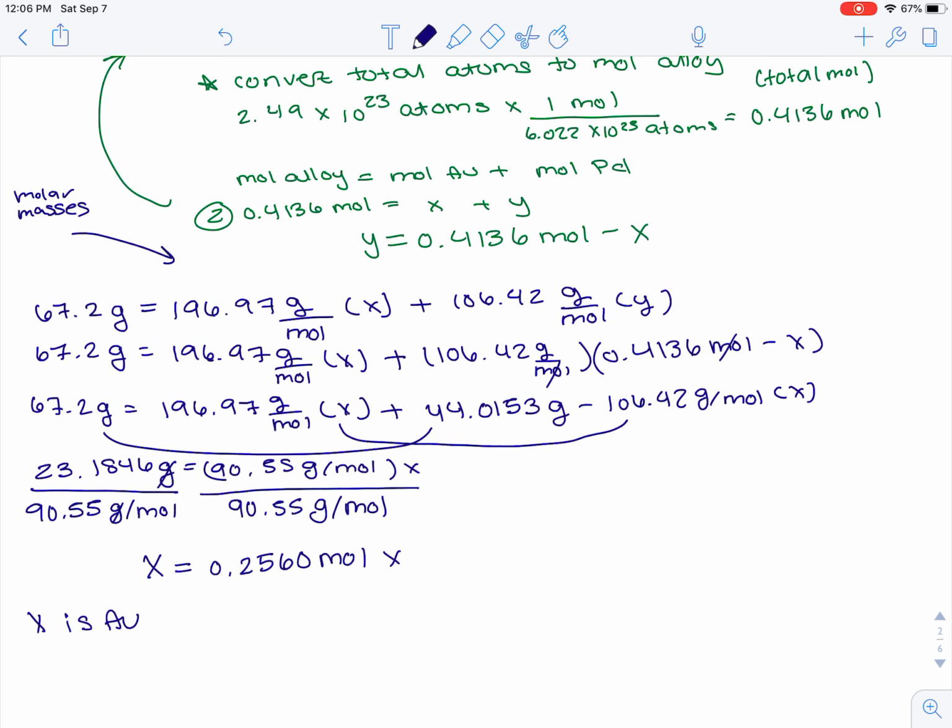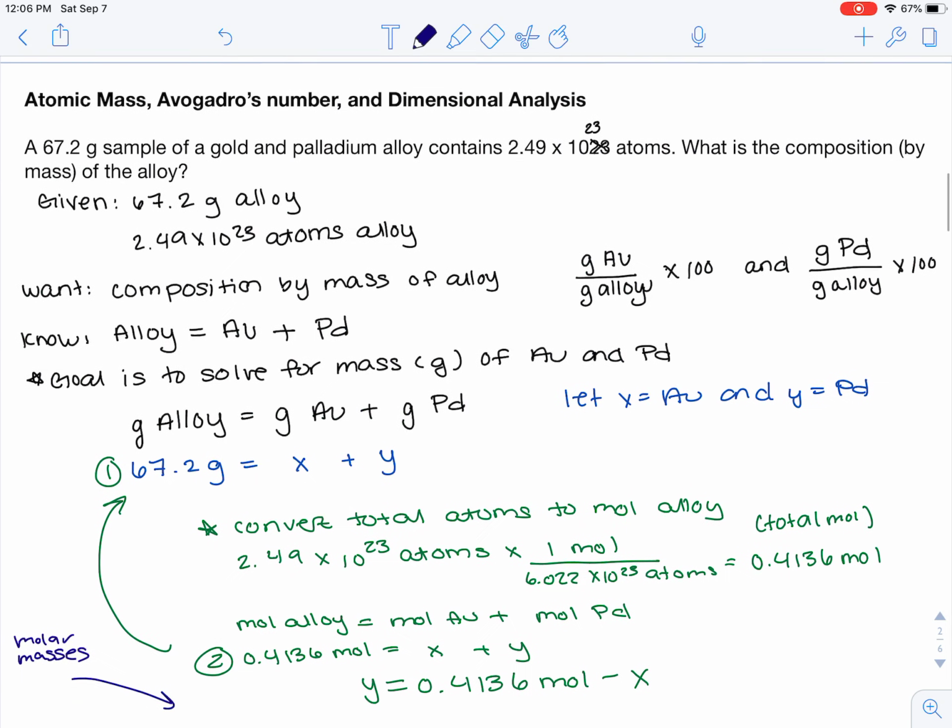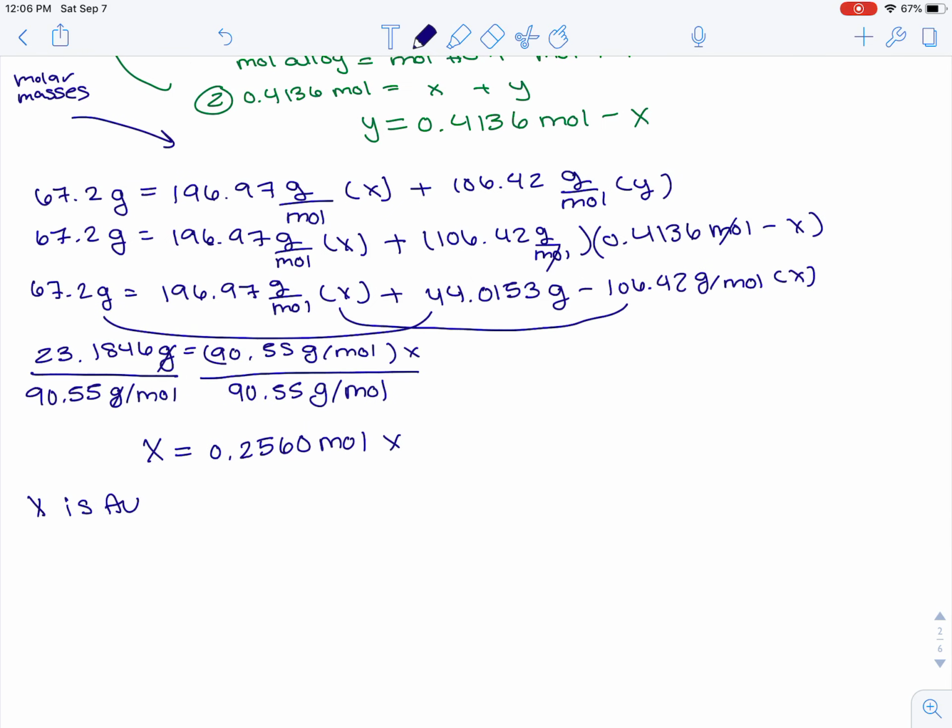So then, since you want percent composition, if you go back up here and you realize that you need grams of Au, now you have moles.